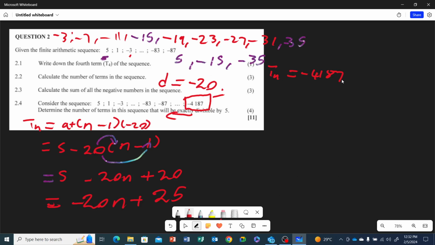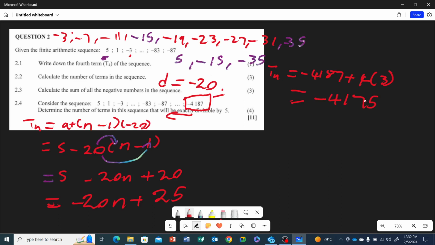So we will add 4 times 3, then we will force it to be the value of negative 4175. Now we have a number that is divisible by 5.